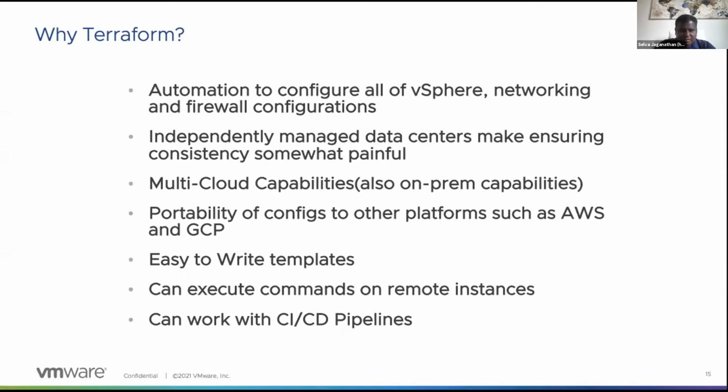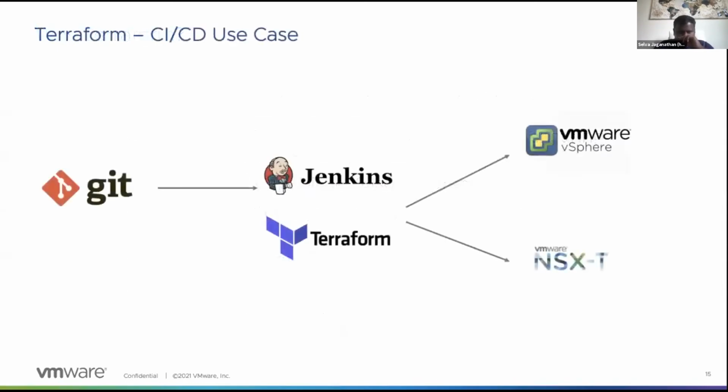So here comes one particular use case with the CI/CD pipeline. You can have the GitHub that has the code, and you can have the GitHub trigger kick in the Jenkins jobs that have the various Terraform files to be applied.